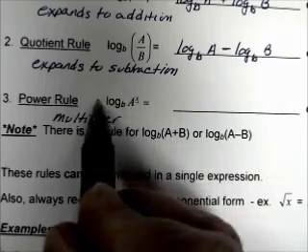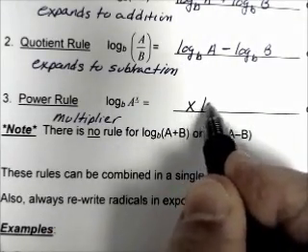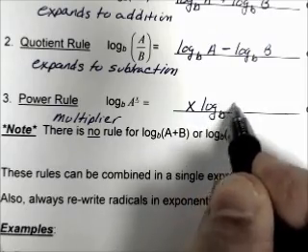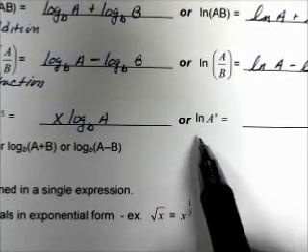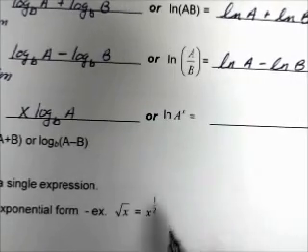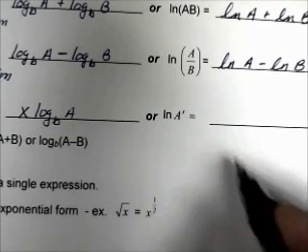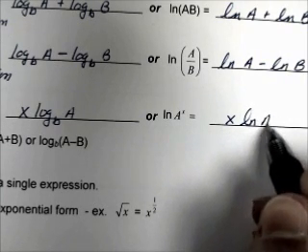So this would be x times log base b of a. Or if we had ln of a to the x, that power would come out as a multiplier, so that would be x times ln of a.